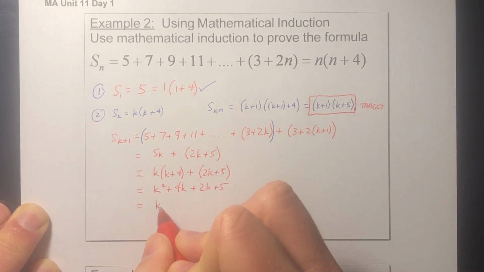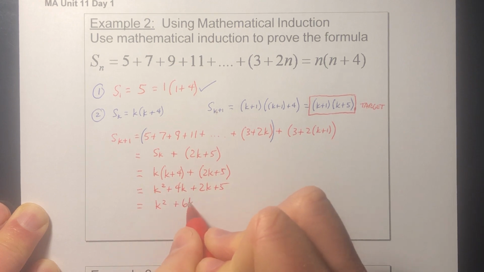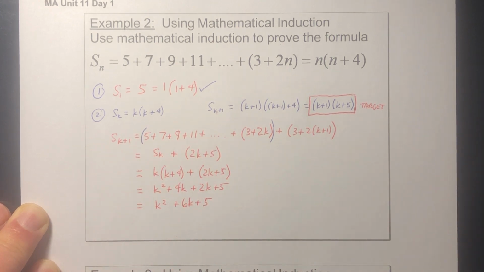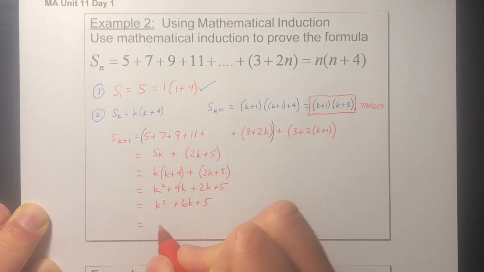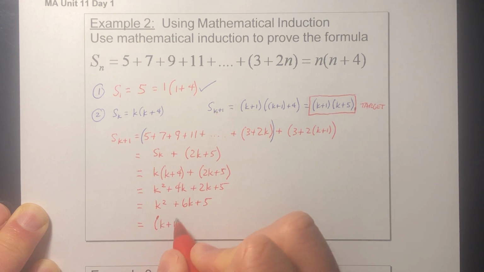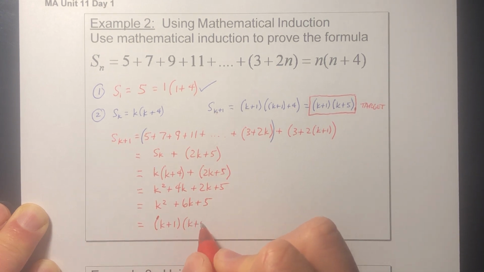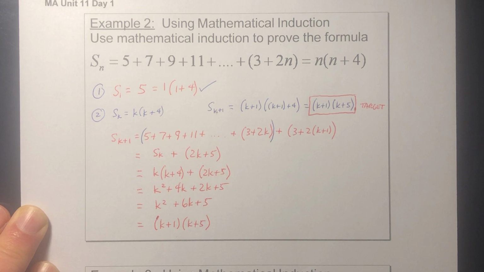Clean that up. Okay, now again, look at your target. We're almost there. If we factor this trinomial, we end up with k plus 1 times k plus 5. There's your target. That's how you know that we did it correctly.